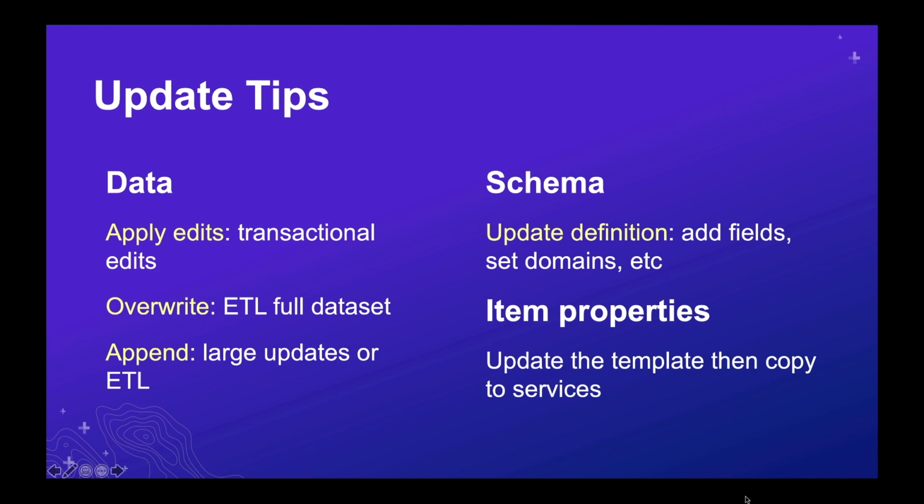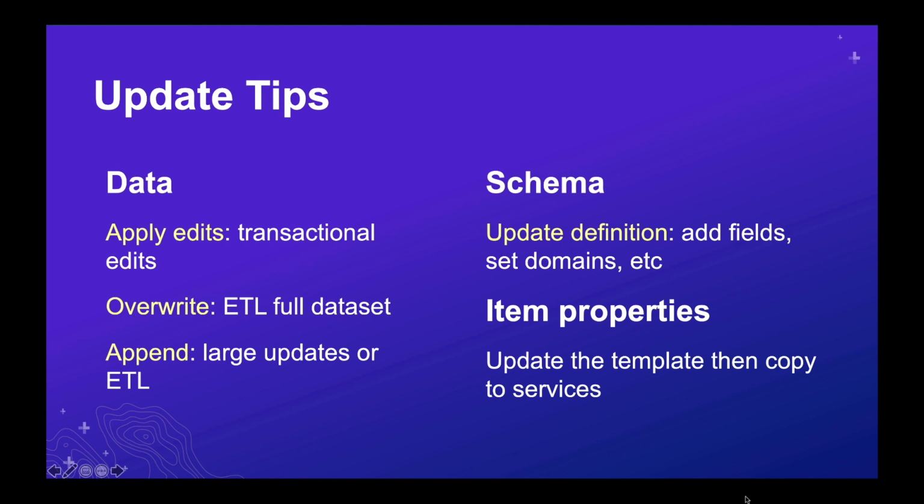Another option is to overwrite the entire feature set. And this is good for ETLing a full data set. So if you're piping out GeoJSON, for example, from your system, and you want to distribute that through ArcGIS Online hosted feature services, then you can use overwrite to just clear out the feature service and add in the new GeoJSON.